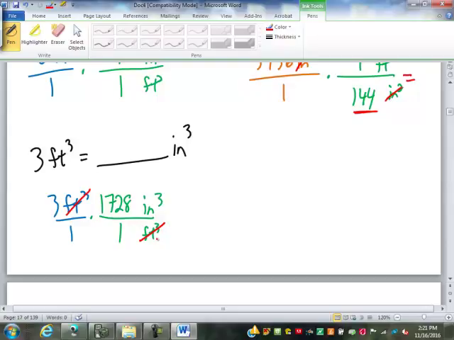So the cubic feet cancel out. It's going to be 3 times 1,728, so 5,184 cubic inches.